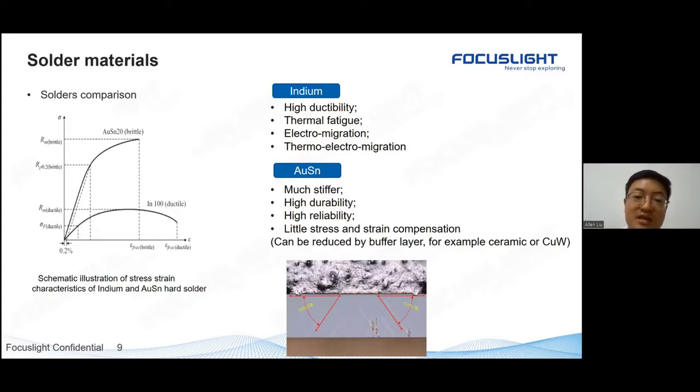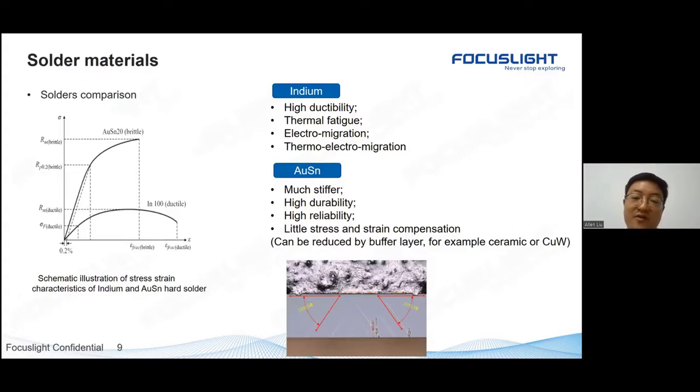So the indium solder has high ductility, but with thermal fatigue and electromigration effects. So I think the indium solder is good for the performance but not reliable for the device.